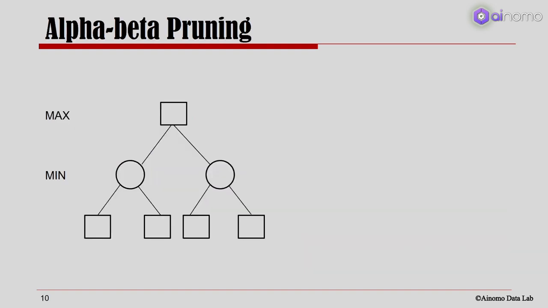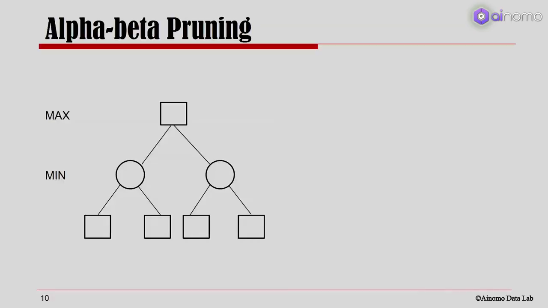So let us try to understand alpha beta pruning by taking the same game tree that we had used to illustrate the Minimax procedure. But one thing to notice at this point of time is that we do not evaluate all the leaf nodes. So we start by computing the static values one at a time.